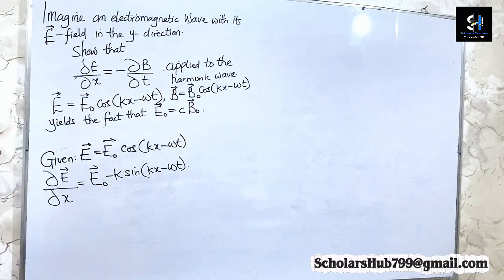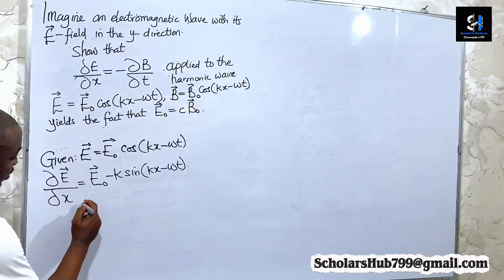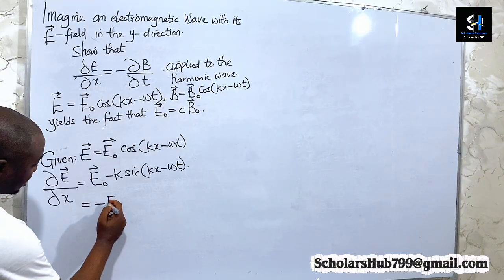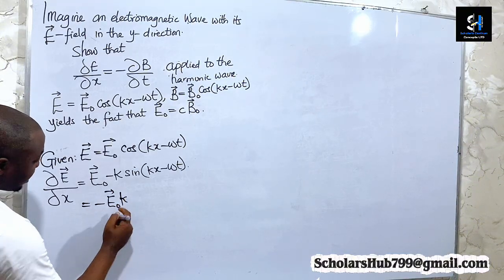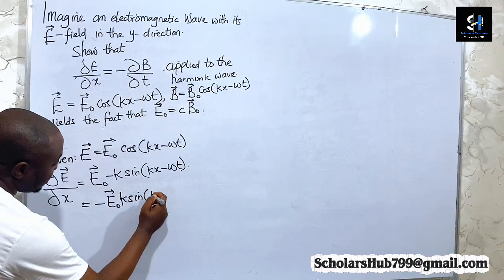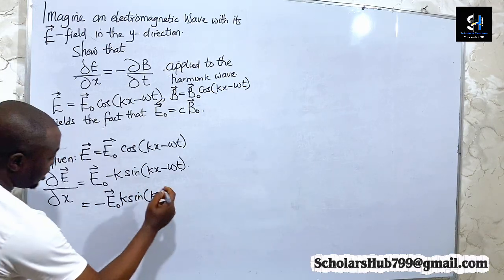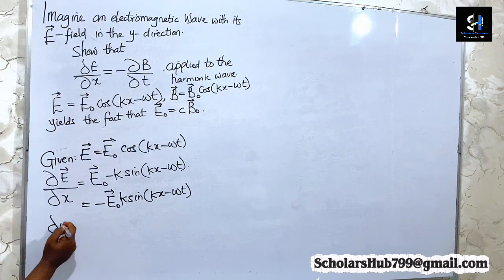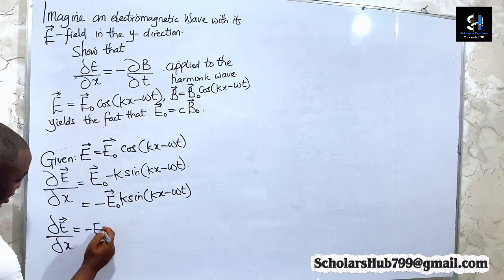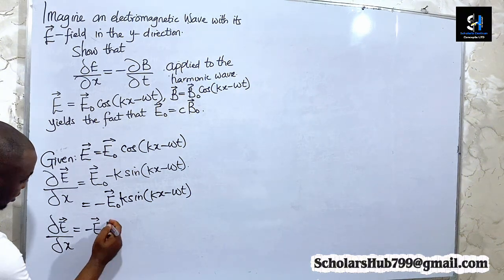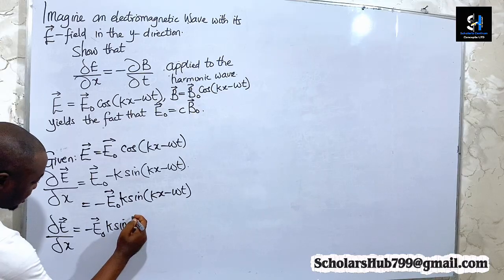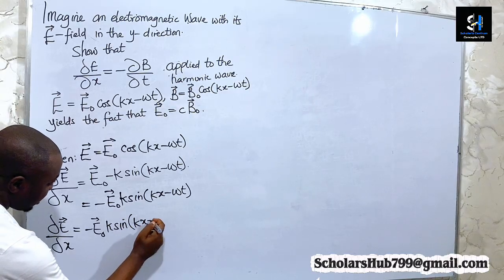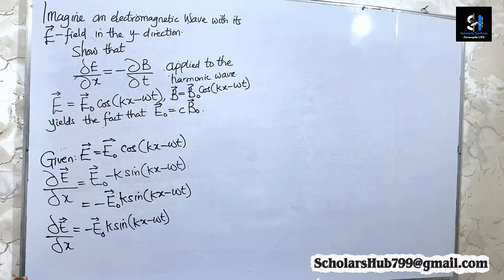So in this case, we're going to have minus E naught times k sine(kx - wt). So the first partial derivative of the electric field function with respect to x is equal to negative E naught k sine(kx - wt).